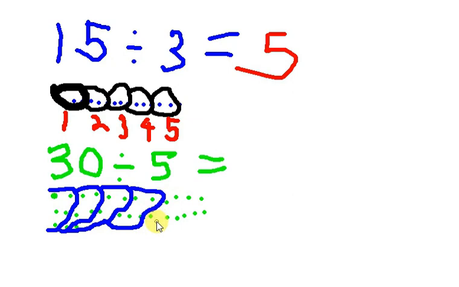Then 1, 2, 3, 4, 5, gone. Then 1, 2, 3, 4, 5. Remember, we are now left with 0 of the 30 items that were given.